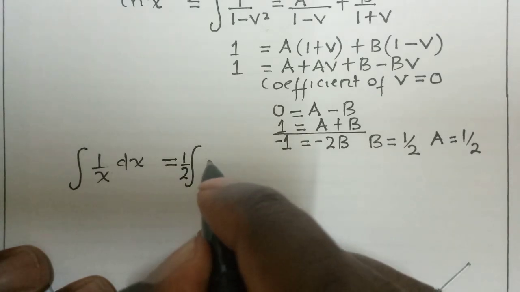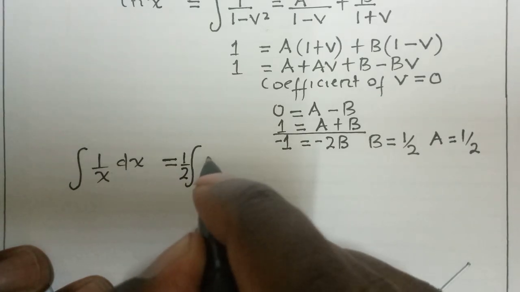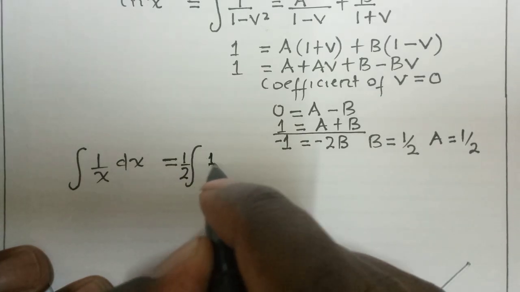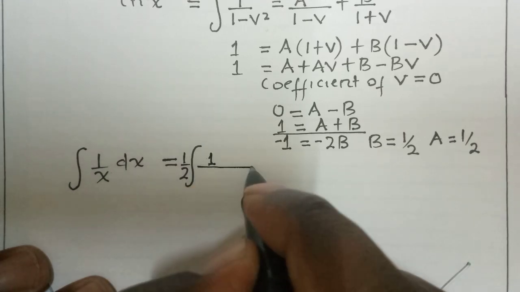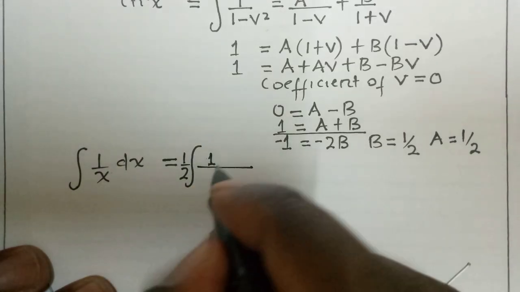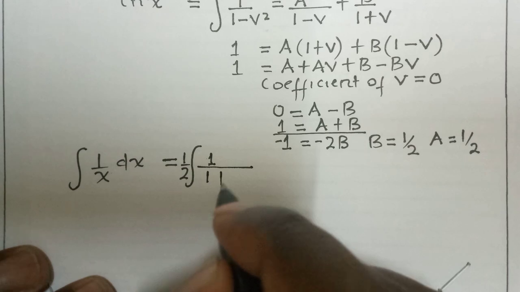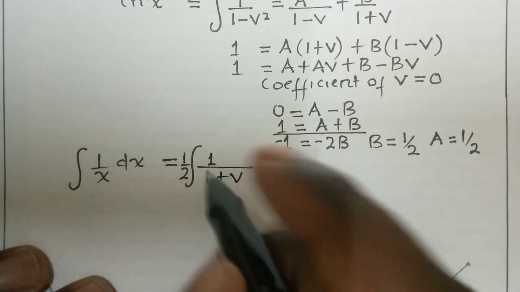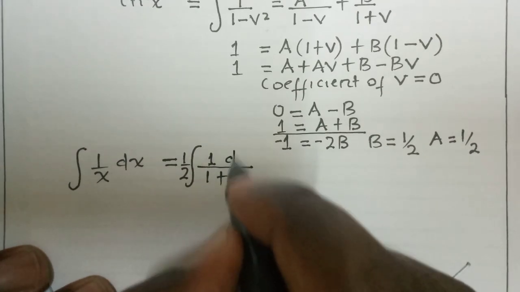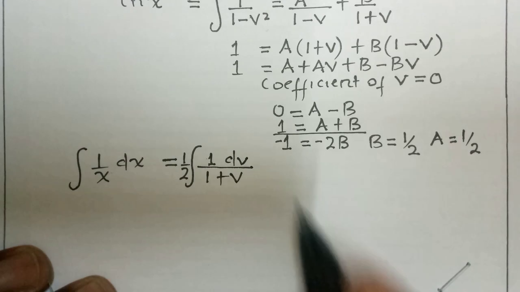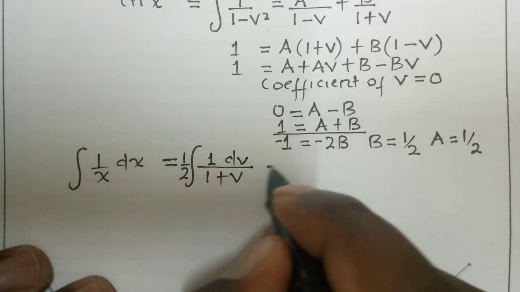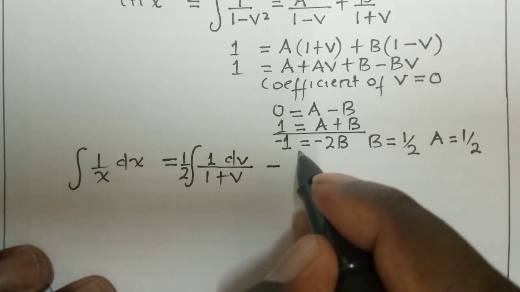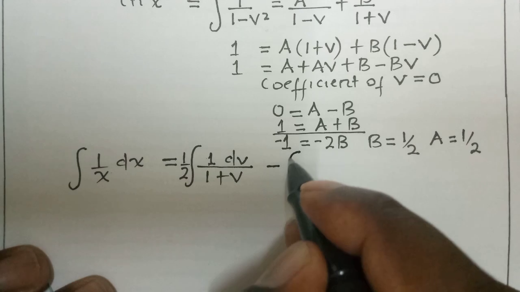Then all over, so I can put a 1 all over 1 plus v. We put dv there. Then this one is going to be minus. That will be like that.